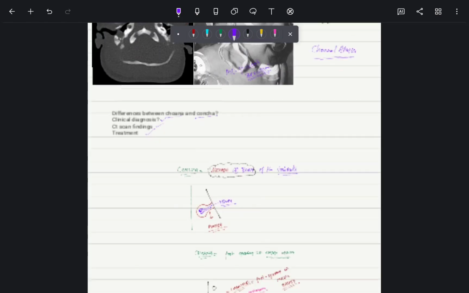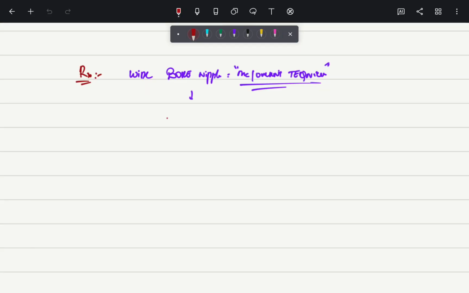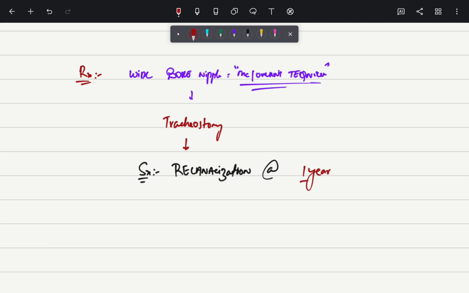And not only that, if this fails, usually we do tracheostomy. And eventually, now please listen to this carefully, we will do recanalization surgery. The surgery is called recanalization at the age of 1 year. Okay, we will not do it immediately, we will do it at 1 to 1.5 years.